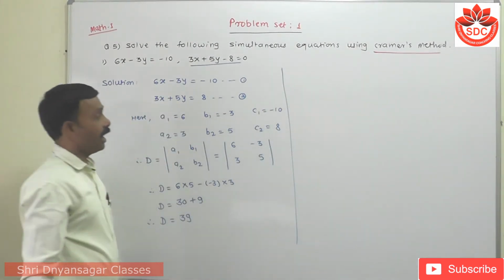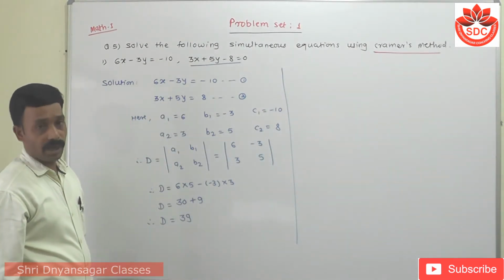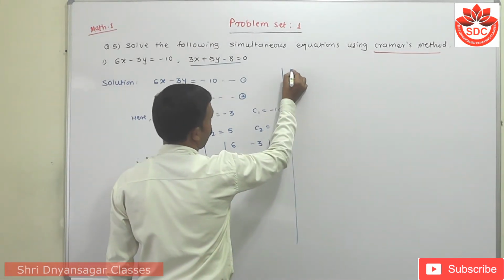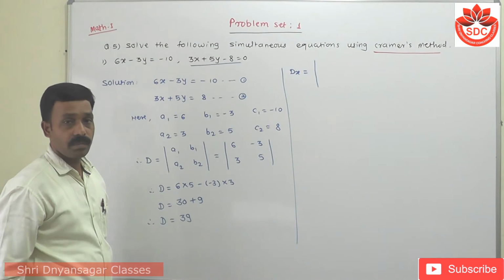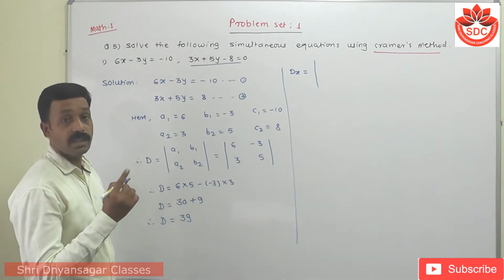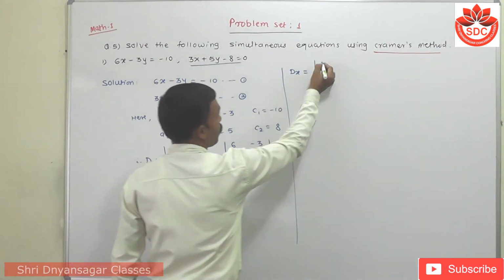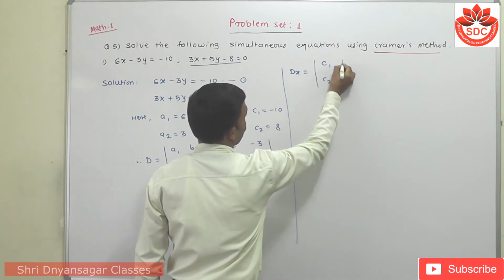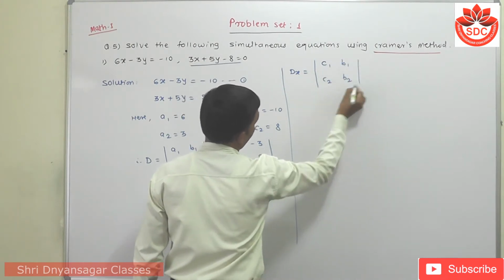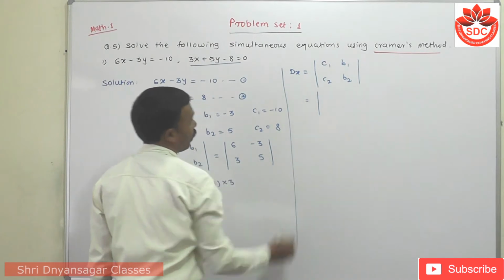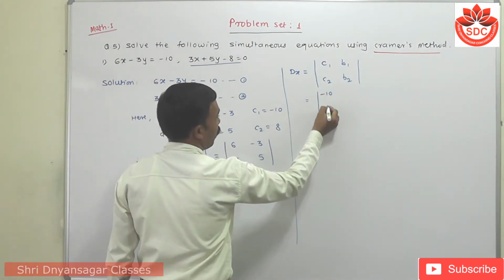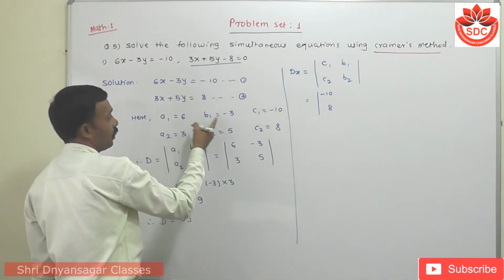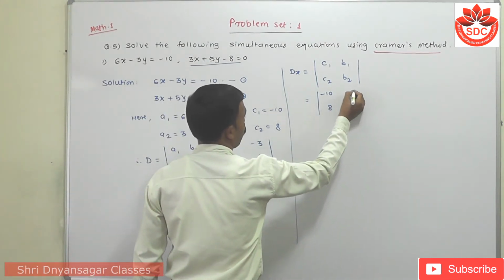Now we can find out the value of determinant of x. So for dx, you have to replace the values of a1, a2 by c1, c2. So here c1, c2, here is b1, b2. Now we put the values here. c1, c2 is minus 10, 8. Then b1, b2 is minus 3, 5.